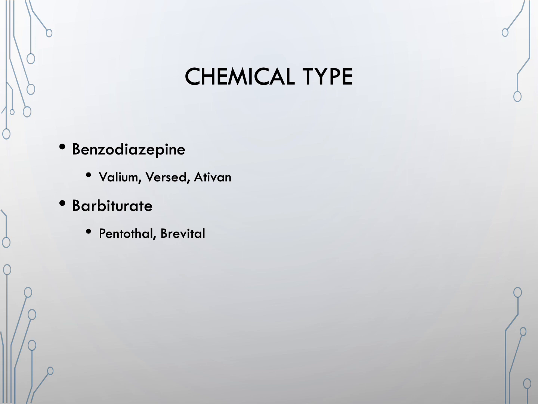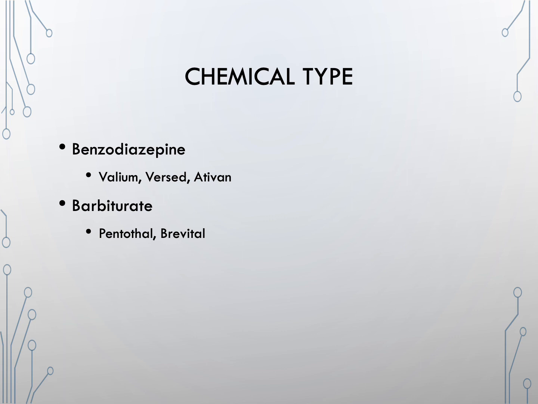So here we are at the fourth and final drug classification, which is chemical type. Drugs in this category are grouped because of what they are, right? What chemical compound is the drug derived from? Barbiturates, as previously mentioned, are chemical compounds derived from barbituric acid.